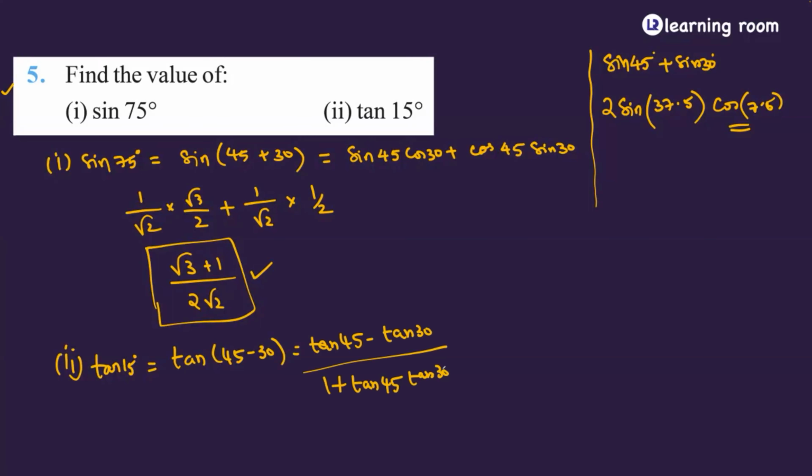What is tan 45? It is 1. What is tan 30? 1 divided by root 3. So it is 1 minus 1 by root 3 divided by 1 plus 1 by root 3. So answer will be root 3 minus 1 divided by root 3 plus 1. So you can rationalize it and find out the answer.